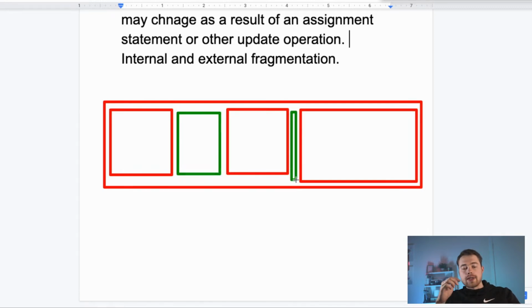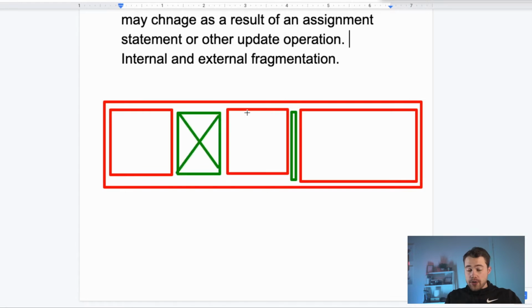So the question is, how do you create them? At what addresses do you create those blocks which you give to the user, and how do you recreate them? For example, let's say you create this block, and then you create this block and give it to the user, you create this block, give it to the user, and then the user says, hey, I don't need this anymore, and gives it back to you.